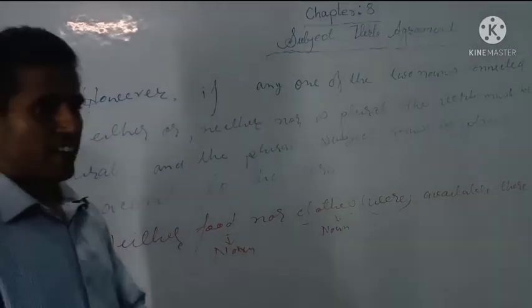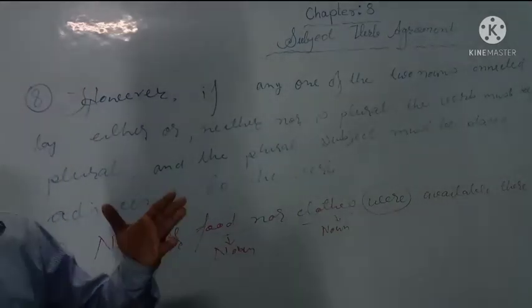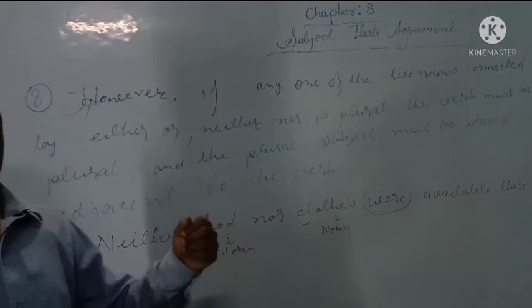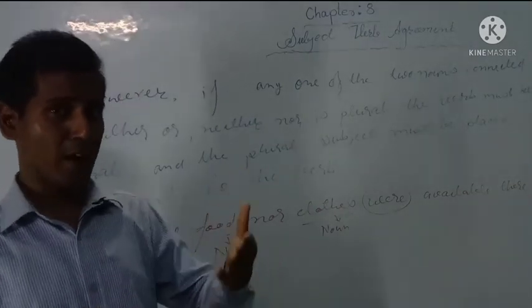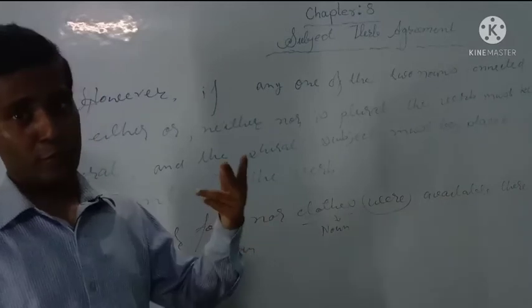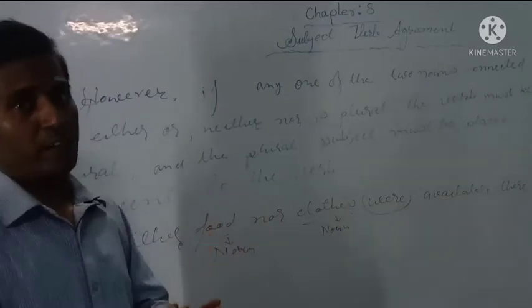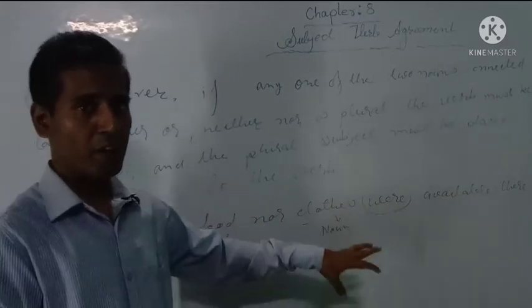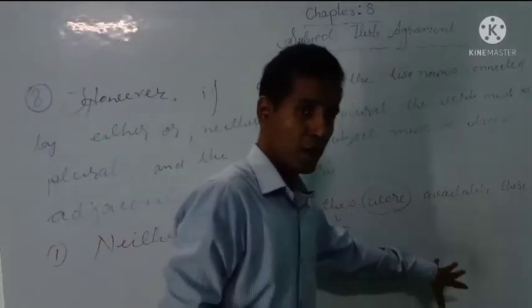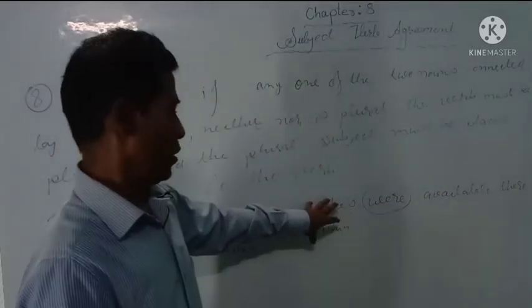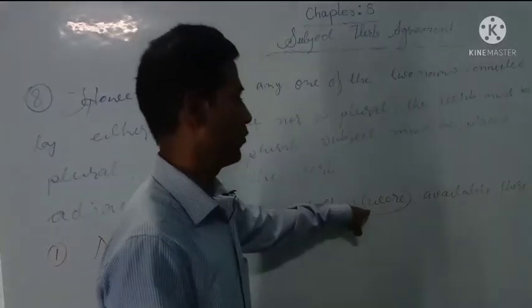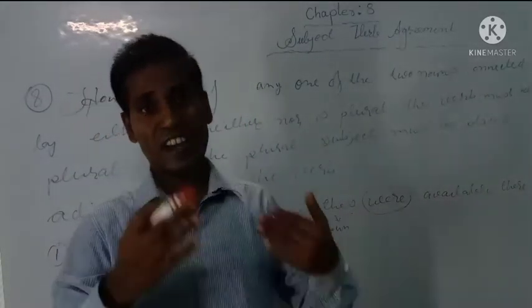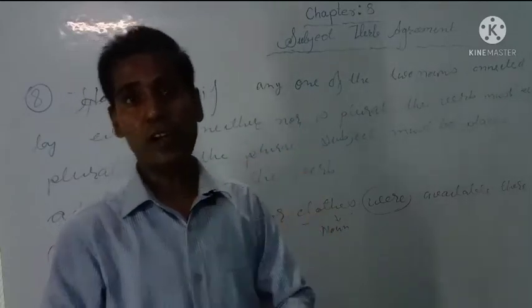So in that case, if any one of the two nouns connected by either-or or neither-nor is plural, the verb must be plural and the plural subject must be placed right before the verb or adjacent to the verb or near to the verb.